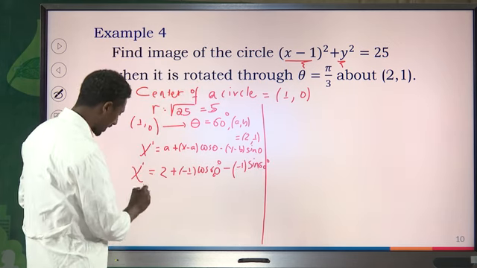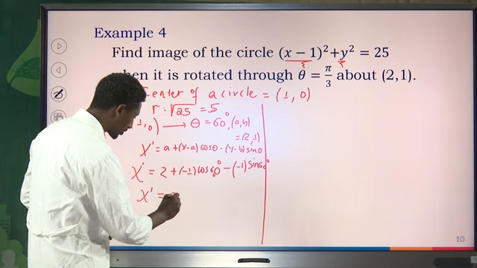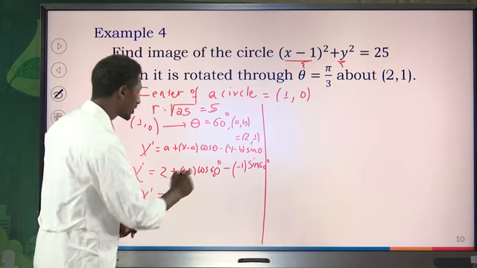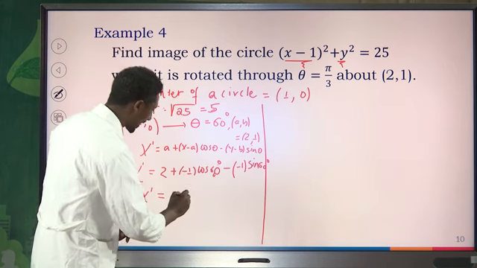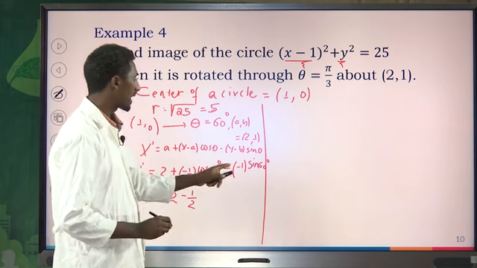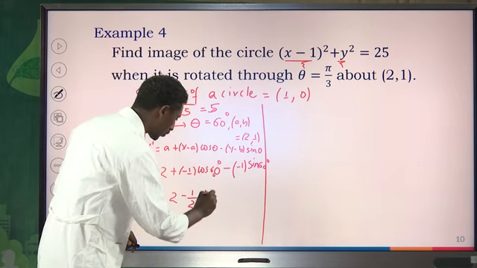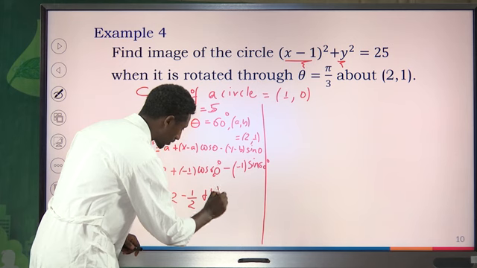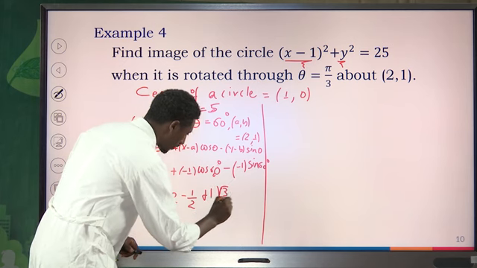Therefore x prime equals 2, cos 60 degrees is 1 over 2, so 1 over 2 times minus 1 is minus 1 over 2. Minus of minus 1 is plus 1, and the sine of 60 is the square root of 3 over 2.